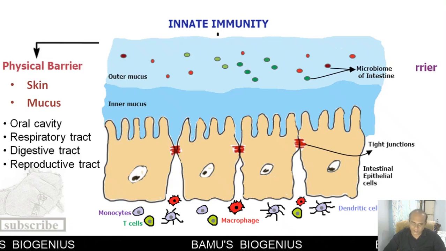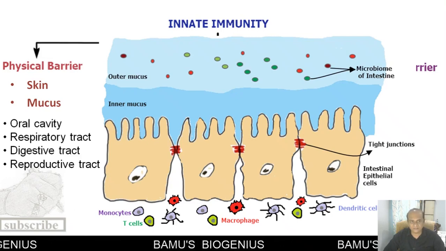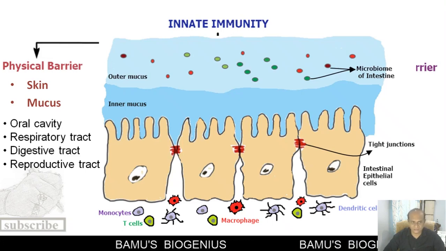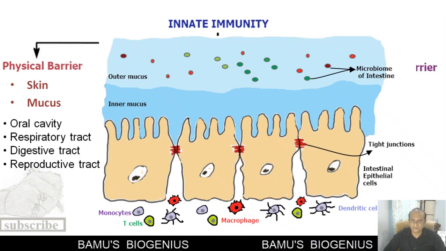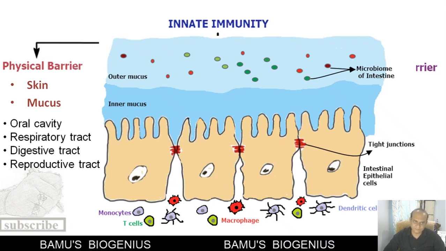Then the reproductive tract. Everywhere this mucus is present, and it entraps various kinds of pathogens that come in. So physically it prevents the entry of these pathogens inside our body.